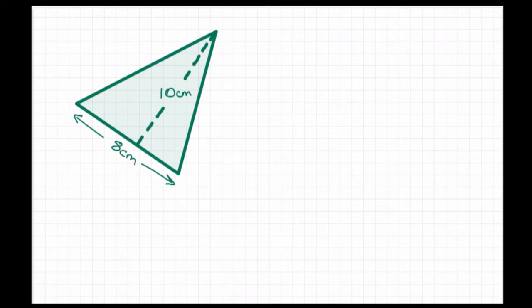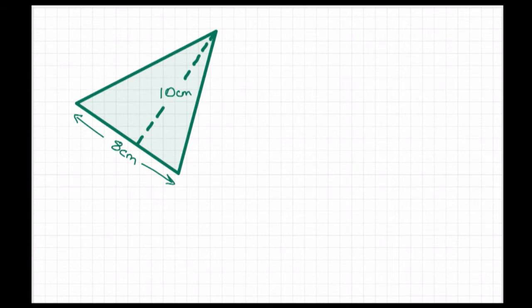Now, even though we say base times height, the base doesn't necessarily have to be horizontal. So in this case, you can see that the 8 centimeters represents the base of the triangle, and then we have the 10 centimeters representing the height.